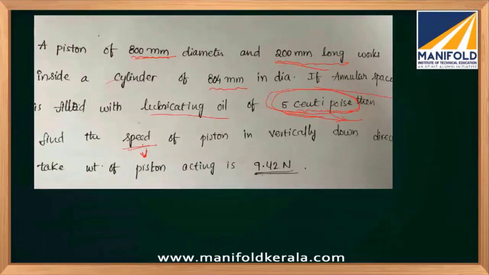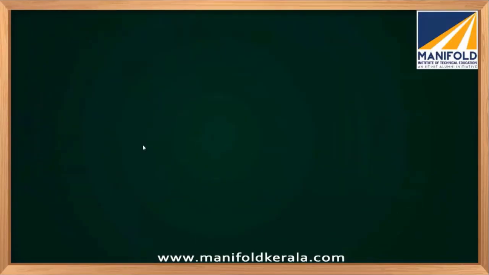Now, first we will draw the diagram for the given question. When we draw the diagram, this is some piston, some cylinder of 804 mm diameter.